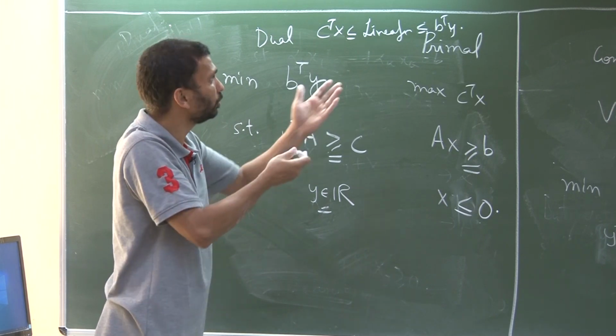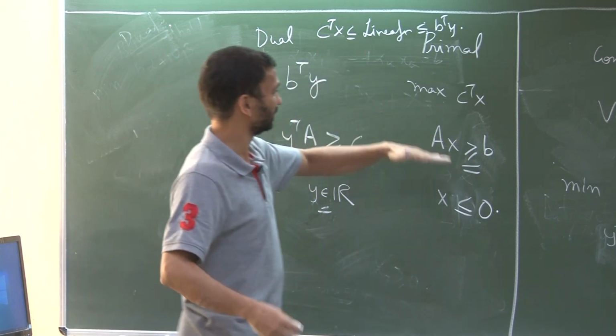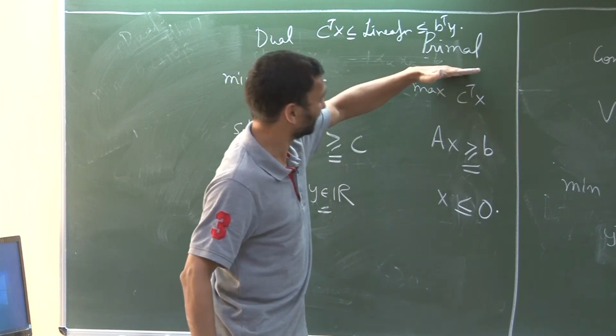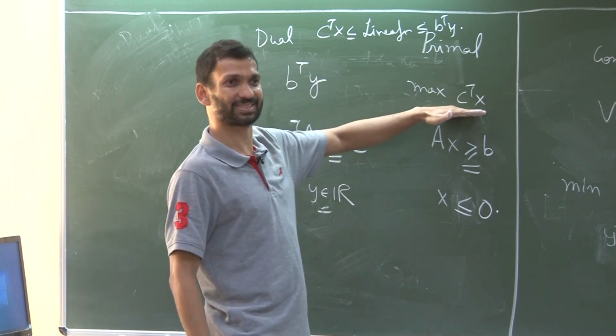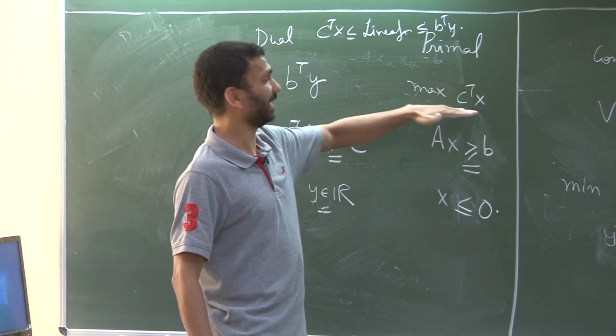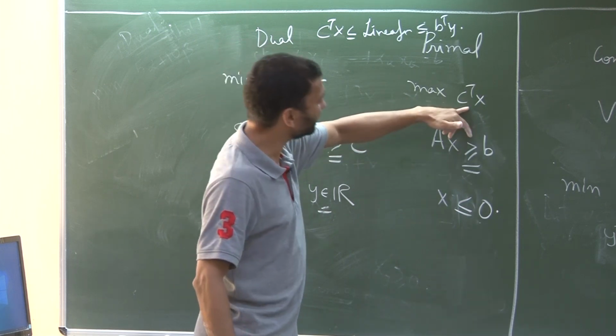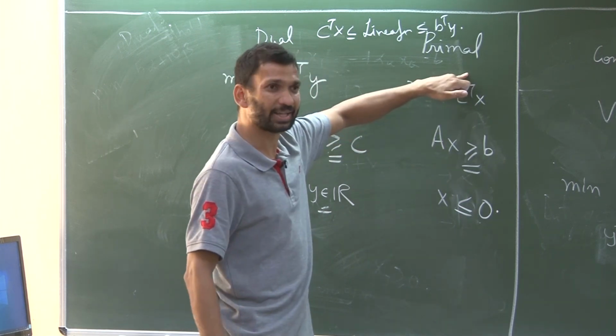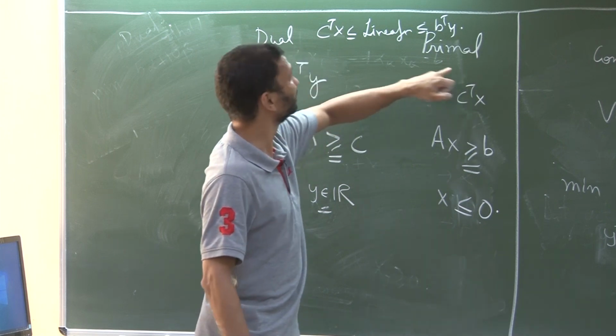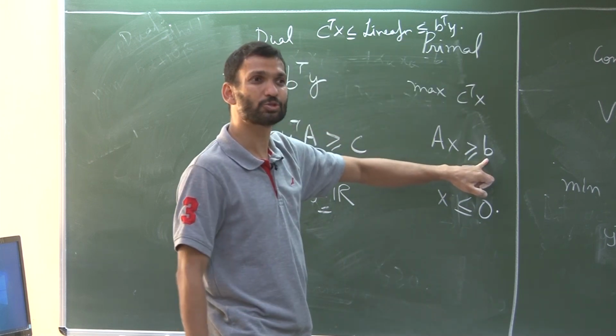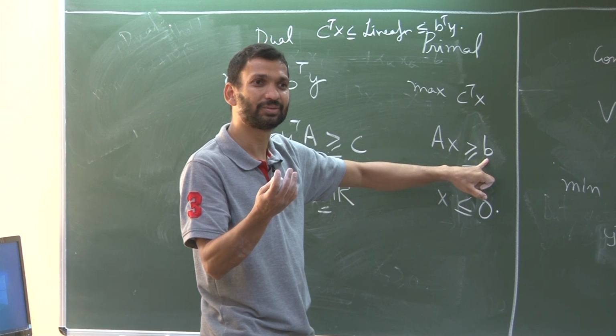This is going to be my argument. I'm going to multiply these, get something which is higher than this. And then my argument would be, C transpose X is less than equal to that term, and that term is less than equal to B transpose Y, so B transpose Y is an upper bound.